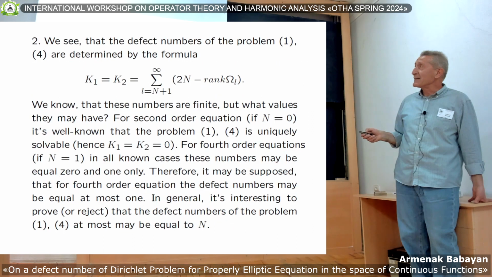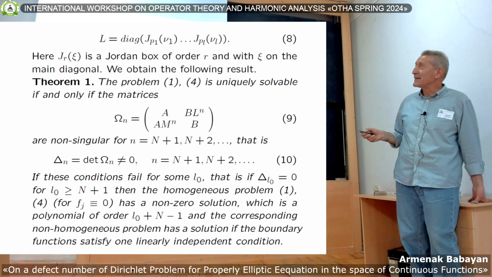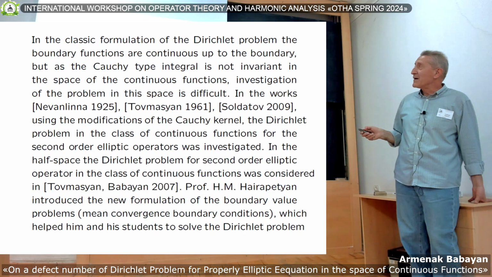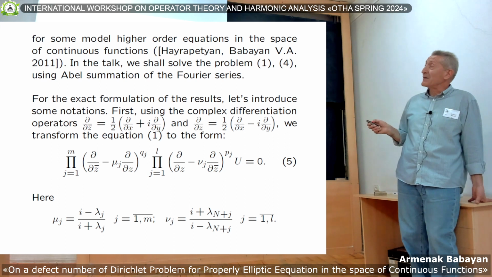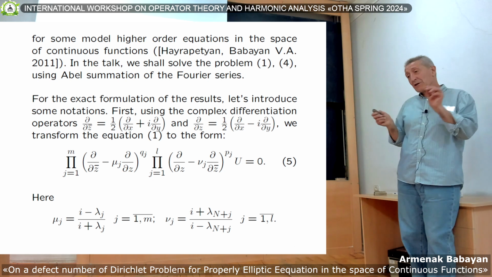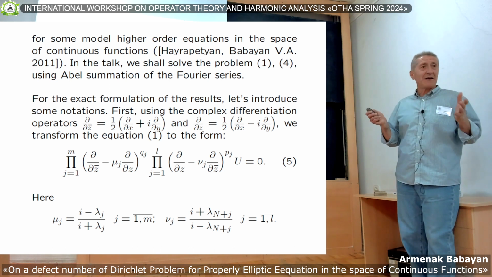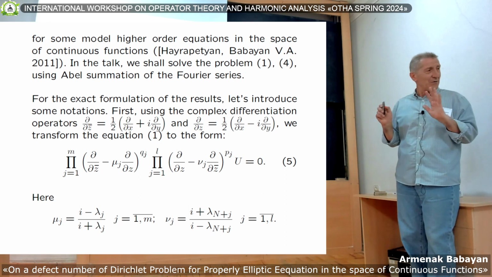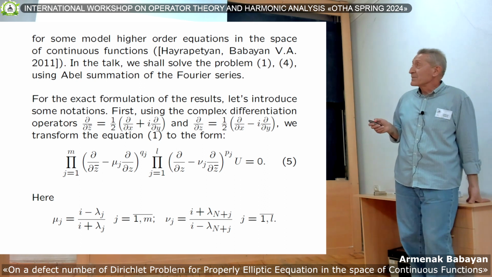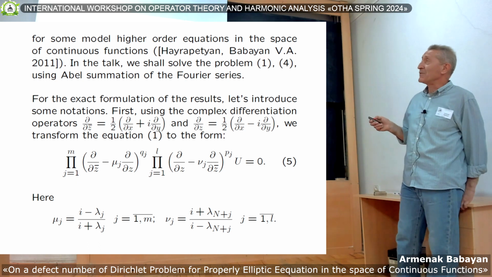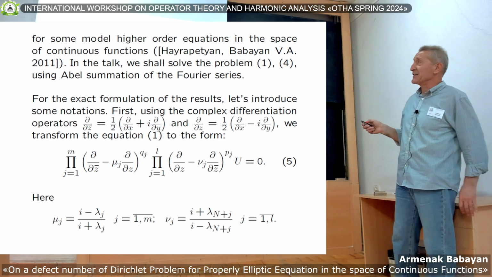Now the main result which we get is the following. Now, in Hayrapetyan's works and his people's works, he considered only model higher order equations, B-analytic, polyanalytic, and so on. Now, for the exact formulation of the main result, we need the following notation.